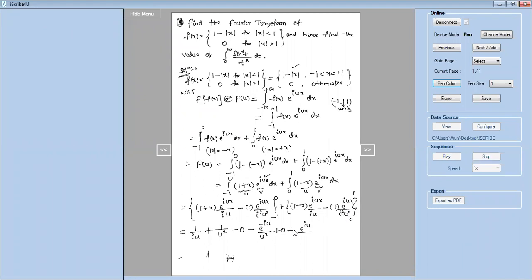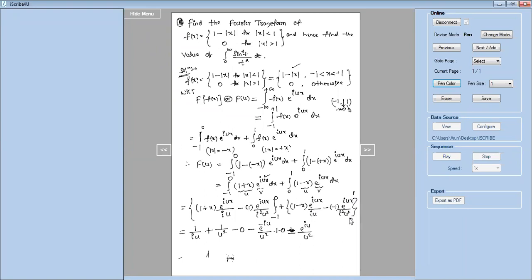So here you get plus into this minus, so this term I can write as minus, minus u square. Correct. So since i square is minus 1, minus e power iu by u square. This is by putting x is equal to 1, upper limit.